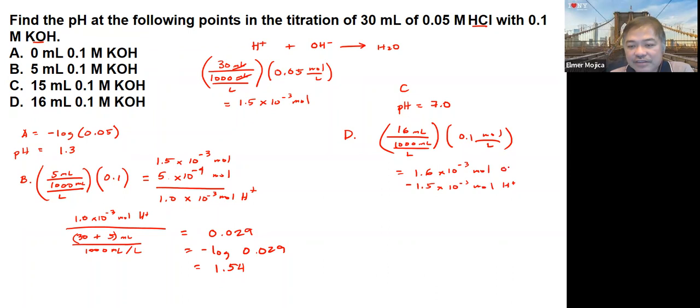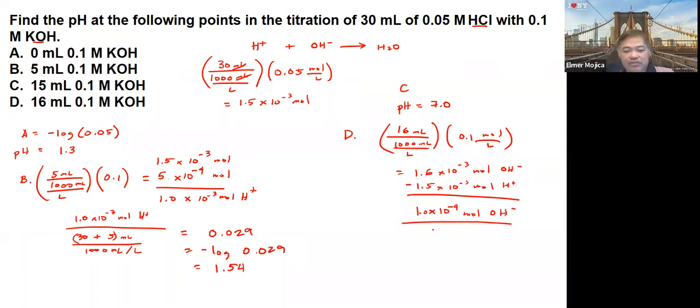In this case, it's the hydroxide that is now present in excess. So that is 1.0 times 10 to the negative 4 moles of your hydroxide ion. And then you're going to divide it by the total volume, which is 30 ml plus 16 ml divided by 1,000 ml per liter.